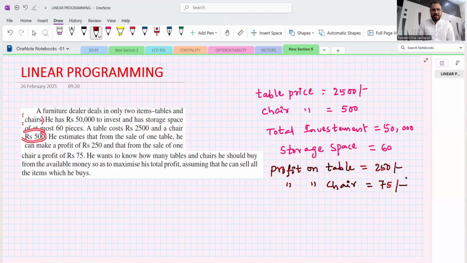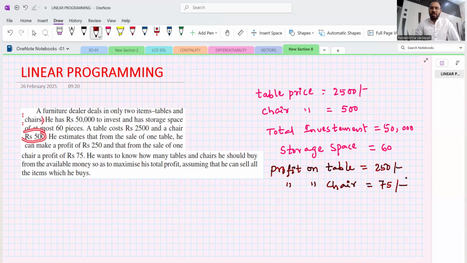Like you can take a tailor. How much time he has to invest on stitching a pant or a shirt, how much amount he has to spend on each shirt and each pant, how much he has to charge, and in a day how many pants and shirts he can stitch.